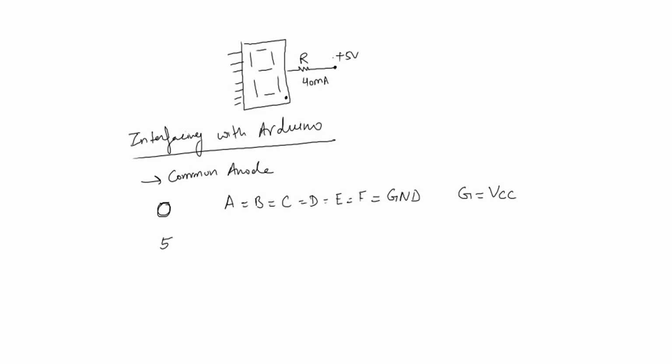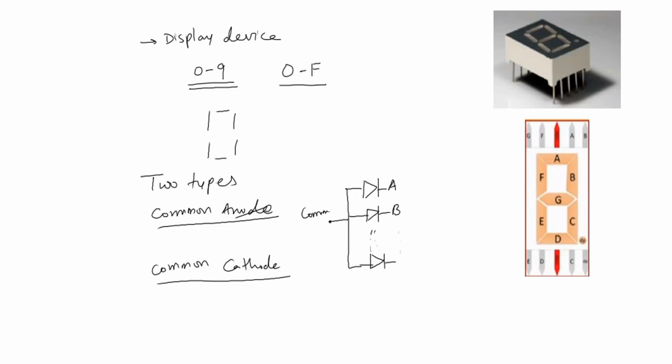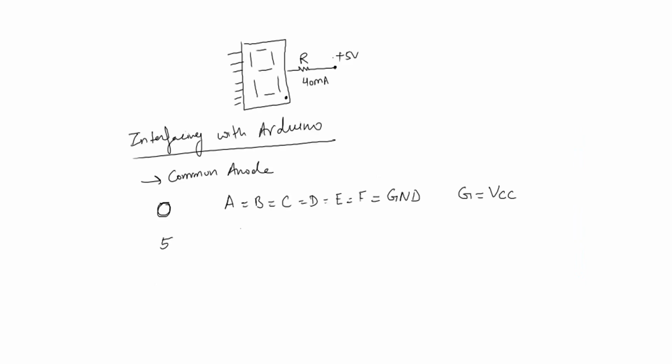Suppose you want to display 5. So how can I display 5? 5 means I have to glow A, F, G, C and D. So your E and B will not be glowing, right? So what will I do?